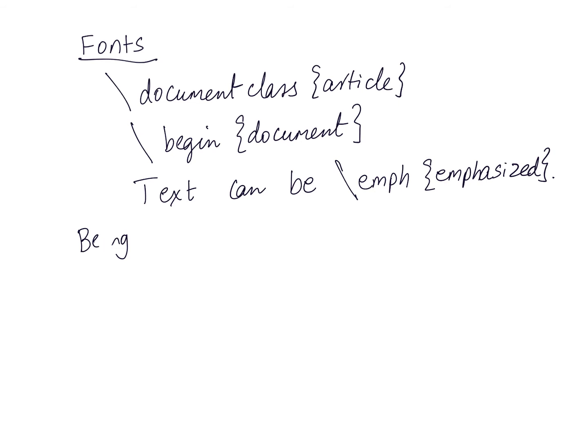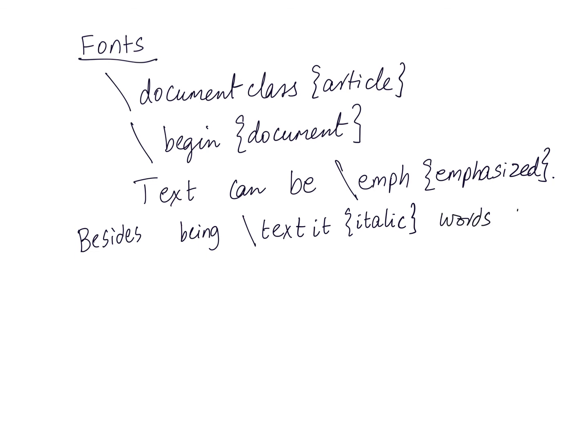Let's put a proper phrase just to see how we are writing. Besides being text IT, that is representing italic. That's what you'll do. Text IT for italic. Words can be text BF for bold. Okay.